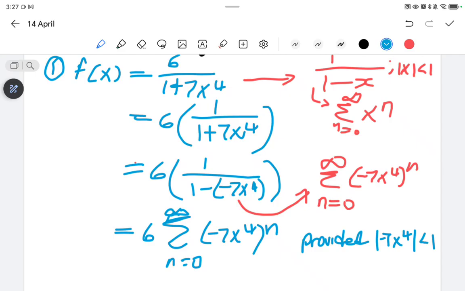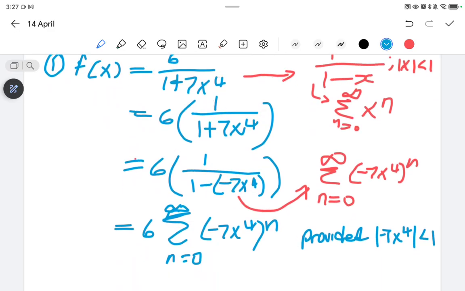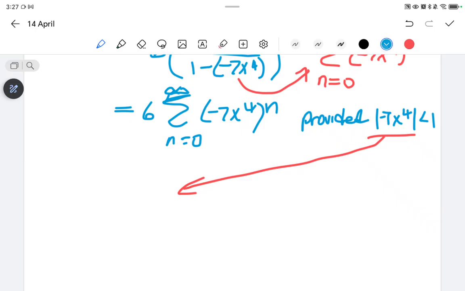Now the second question says that we should give the interval of convergence, right? For the interval of convergence, we just need to take this and say that, since we're given the absolute value of 7x to the 4 less than 1, this will imply that we take out 7 as positive.